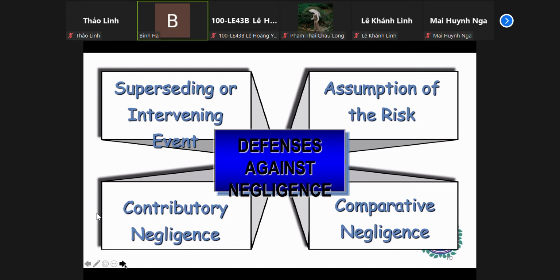Remember that in the United States, each state applies different rules. Some states apply contributory negligence as a defense, some other states apply comparative negligence as a defense to negligence cases. And with respect to comparative negligence, there are two types as well, and a state that applies one type will not apply the other. I will explain this to you more clearly in the next section.